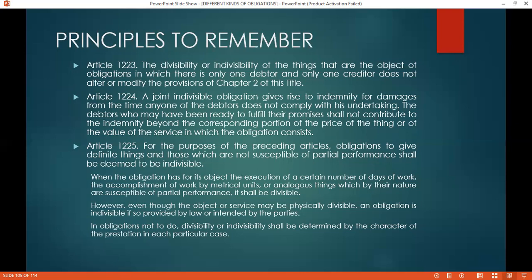Article 1224, a joint indivisible obligation gives rise to indemnity for damages from the time any one of the debtors does not comply with its undertaking. The debtors who may have been ready to fulfill their promises shall not contribute to the indemnity beyond the corresponding portion of the price of the thing or of the value of the service in which the obligation consists.